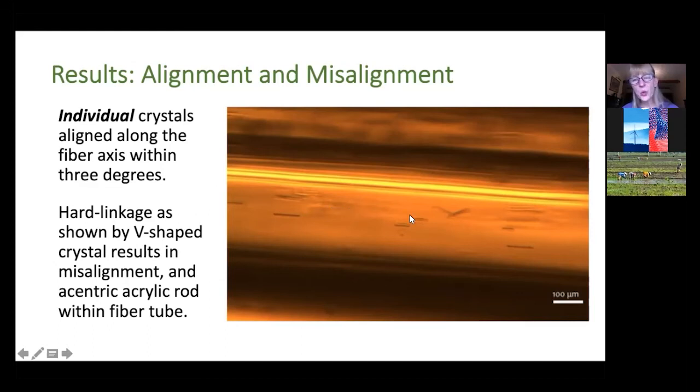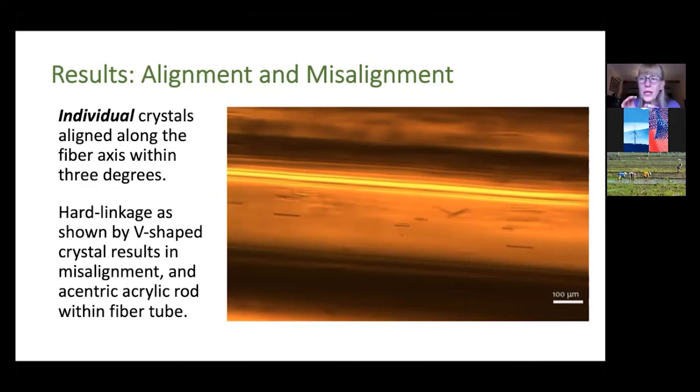in a process where you have a hard linked crystal like this, not an individual rod, it is likely that in that drawing process, as you are reducing down to the smaller outer diameter, the ends of the rods that are hard linked are going to be rubbing up against the polymer surface.